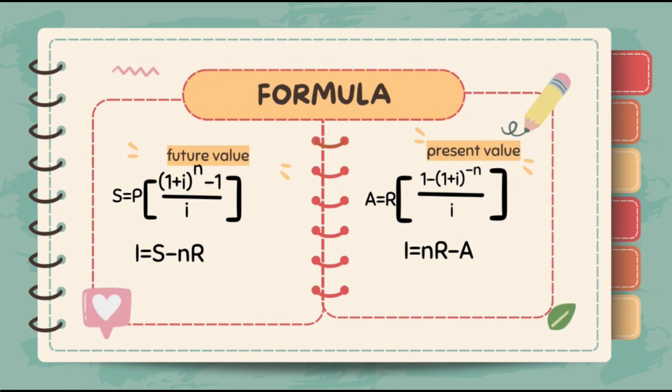The formula for present value is A equals R open bracket 1 minus (1 plus i) to the negative power of n over i close bracket. The interest earned I from investing is given by I equals nR minus A.